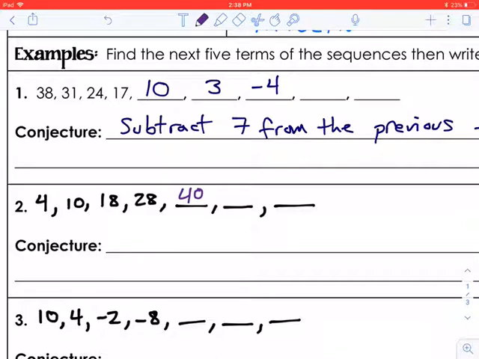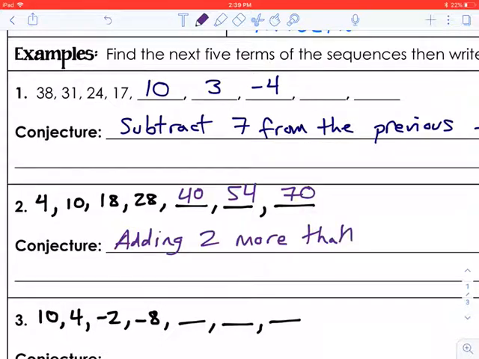So 14 would be 54. Then 16, so that would be 70, and so on. Okay? So the conjecture here is that we're adding two more than the previous amount added.